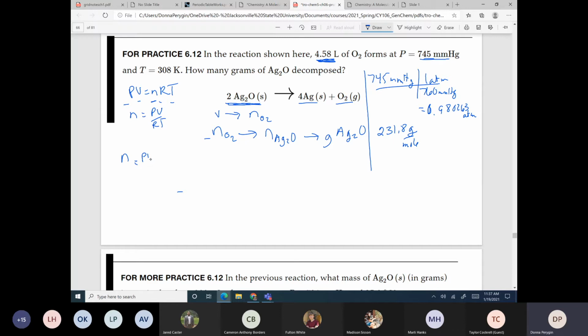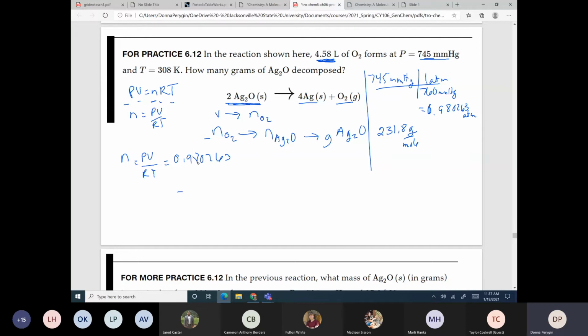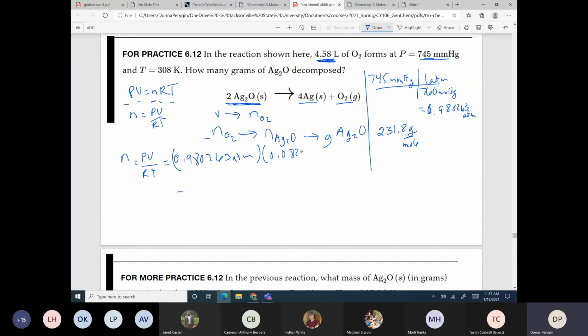So n is equal to PV over RT is equal to the pressure, which is 0.980263 atmospheres times 0.08206 liters atmospheres per mole Kelvin times the volume, which is 4.58 liters. Wait a minute, I'm supposed to divide by R. Sorry, guys.